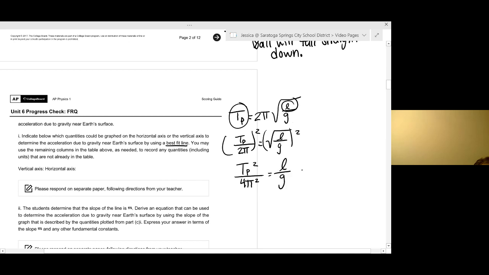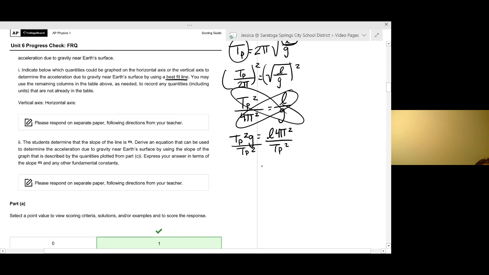I'm going to cross multiply. There we go. So T²g is L times 4π². I'm going to divide by T². So g is 4π²L over T².